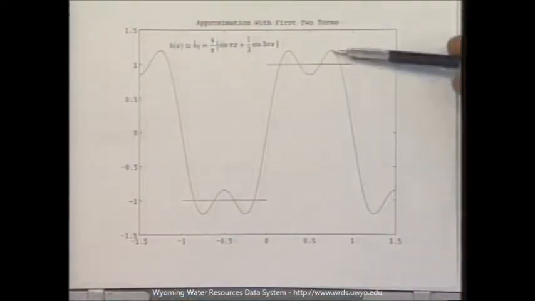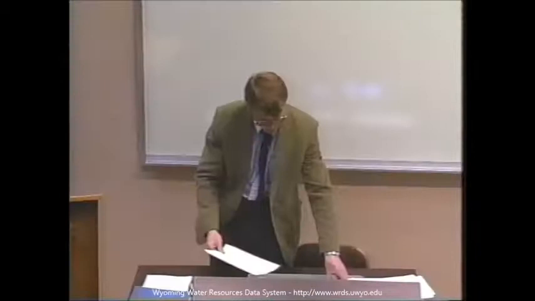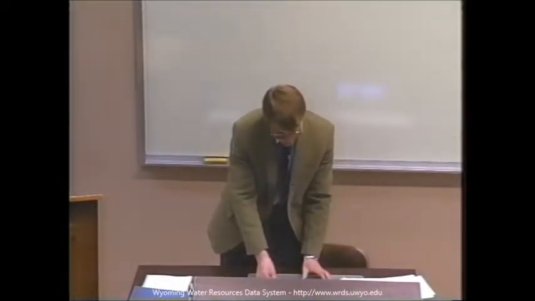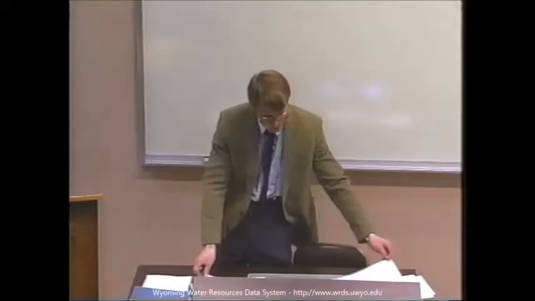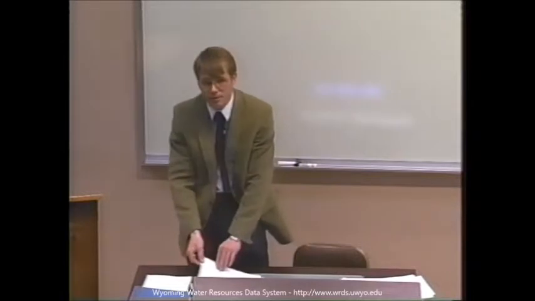Notice that I am much more accurate in the vicinity of the function. And if I wanted to go on for 9 terms, actually 5 non-zero terms, you can see that you get even more accuracy. This is the same idea that I will use in the finite layer method.